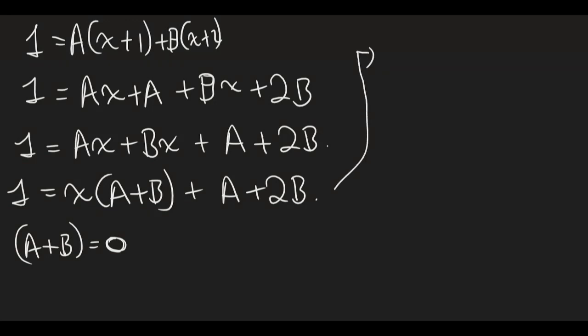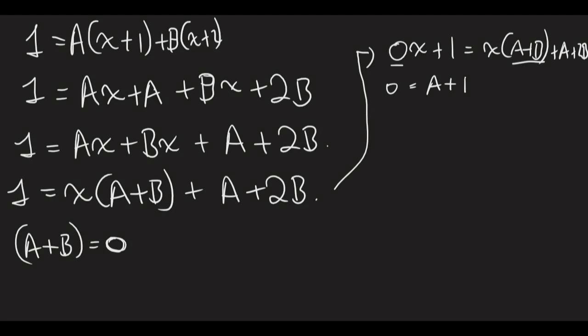What we have is 0x implied on the left-hand side plus 1 is equal to x times (a plus b) plus a plus 2b. So the coefficient here is the same as the coefficient here because it's an identity. So we can say 0 is equal to a plus b, which is how we got this expression here.